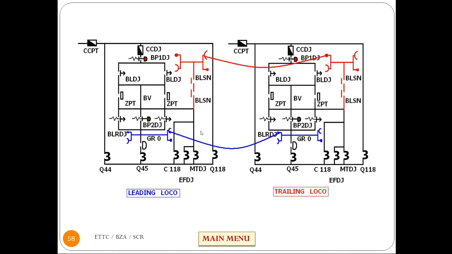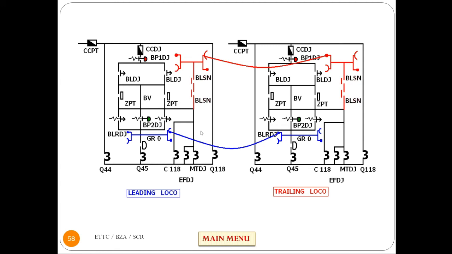Whenever you are connecting the jumper cables, the connections will be like this. It means that on the Q45 branch, the blue color line is going to the trailing loco Q45. Similarly, on the MTDJ common branch, a red color path is shown for the trailing loco.